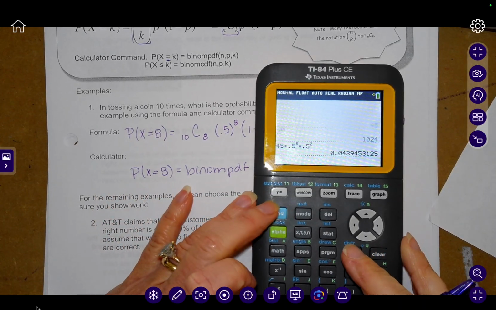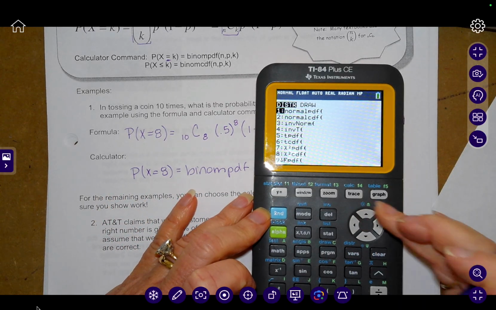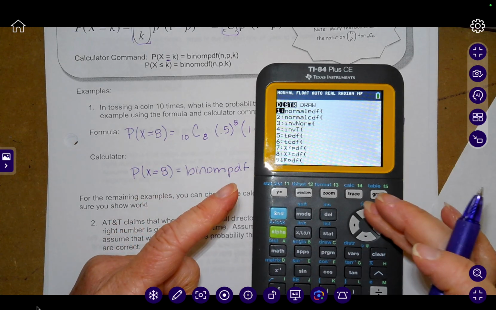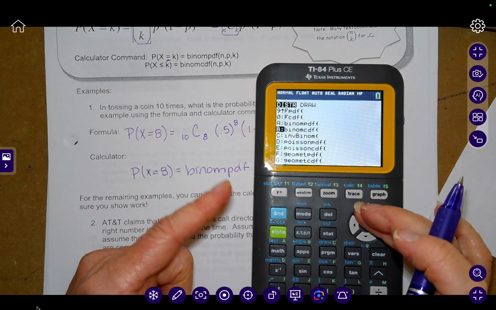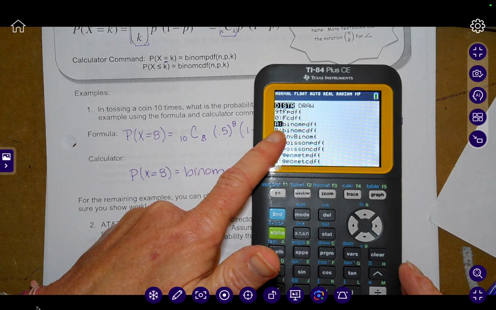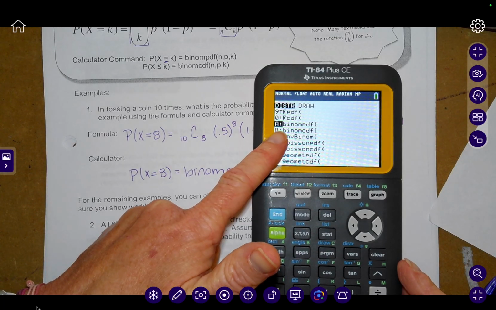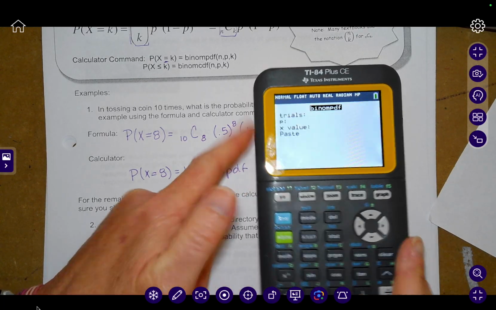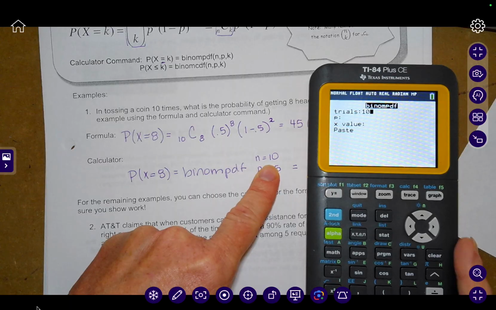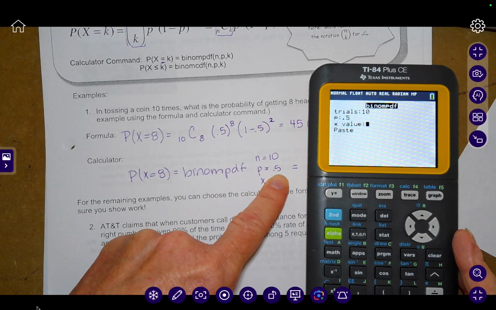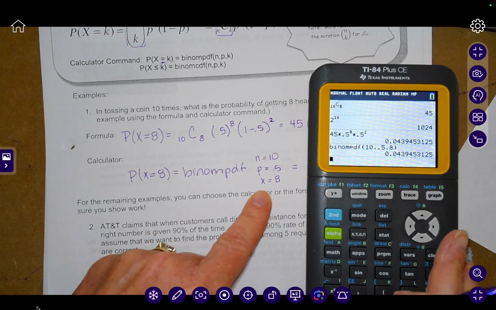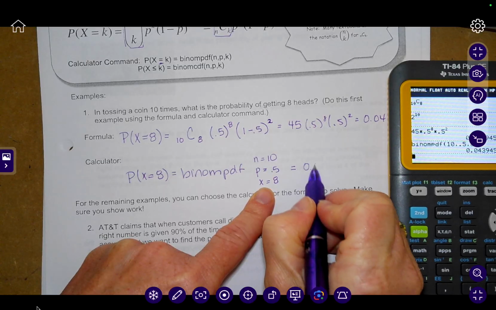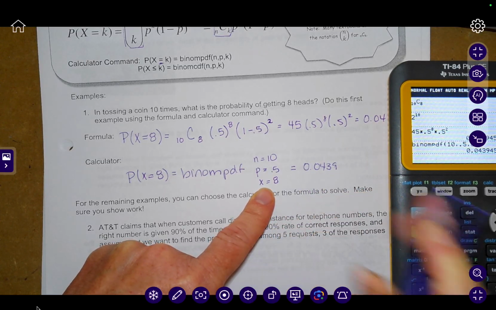So you're going to go to second vars. This one is towards the bottom. You can use the up arrow or the down arrow, whatever. It's option A on this calculator. You press enter, so trials is your n, p is your probability of success, your x value is 8, you hit paste, it does it for you, there's the answer. Okay?